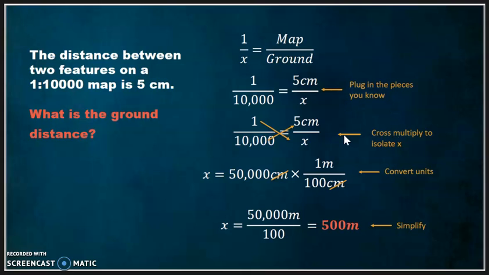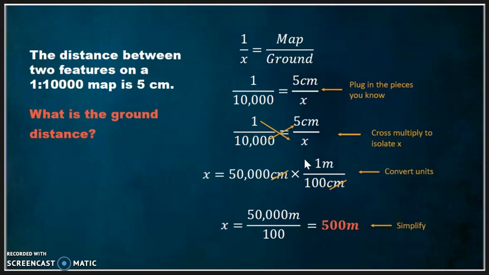Okay. And so we then need to cross multiply to isolate x. So you'll do 1 times x and 5 times 10,000. So that is going to give us x equals 50,000 centimeters. And we'll need to convert those units to meters.